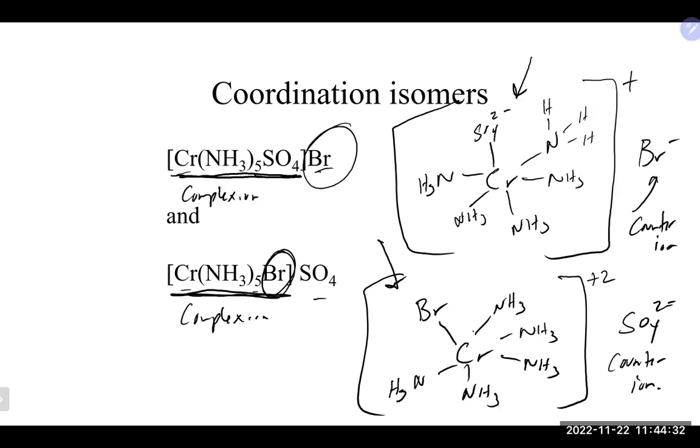As you can see, it also gives the complex ion part a different charge, and that different charge is going to have some effect on the properties you would see for each of these. So one type of isomer is a coordination isomer, where a certain element may be a counter ion in one case, but part of the working part, the complex ion, in the other. Any questions on that?